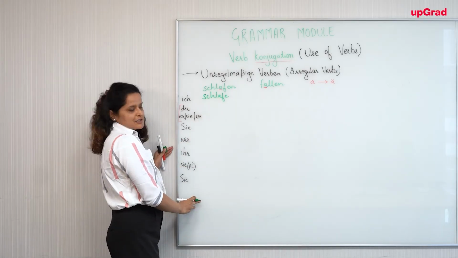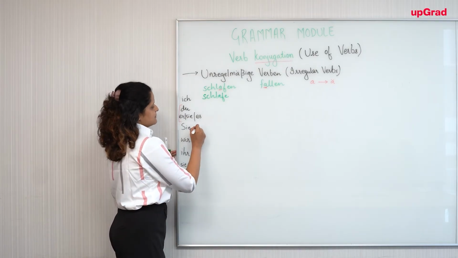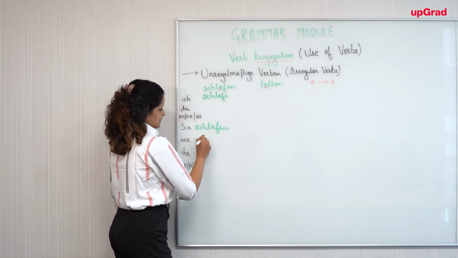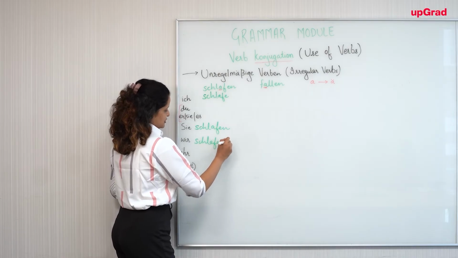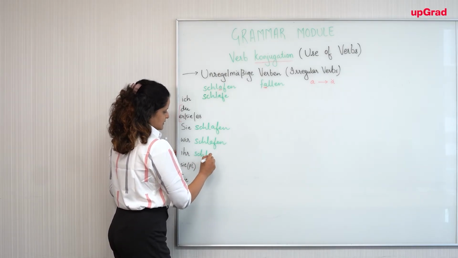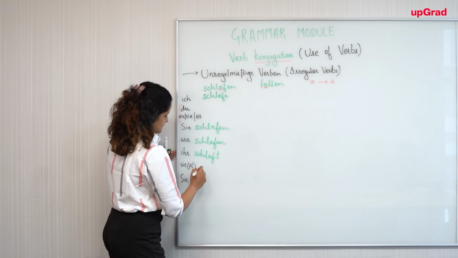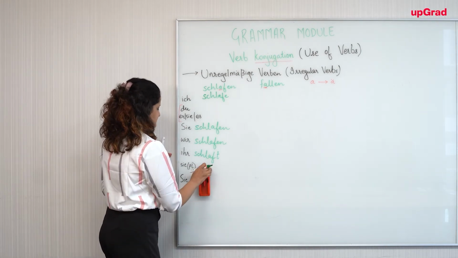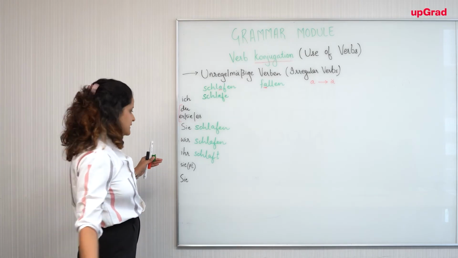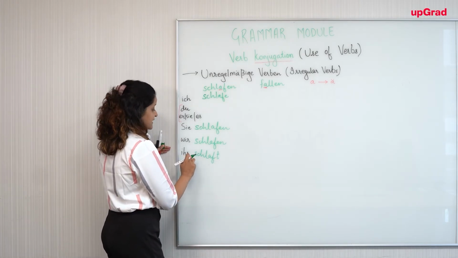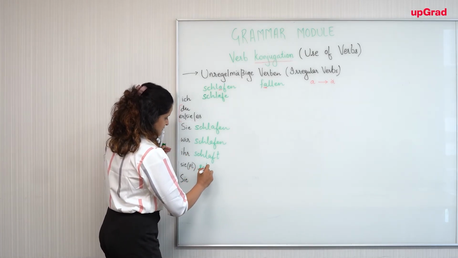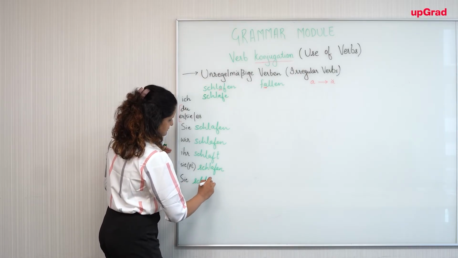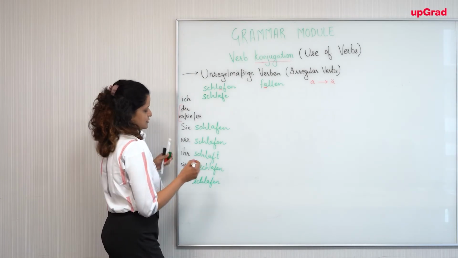The rest of the conjugation, as we have seen, remains the same. So Sie schlafen, wir schlafen, ihr schlaft, sie schlafen.